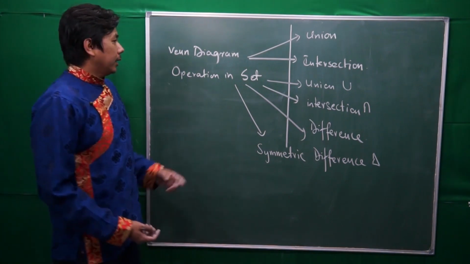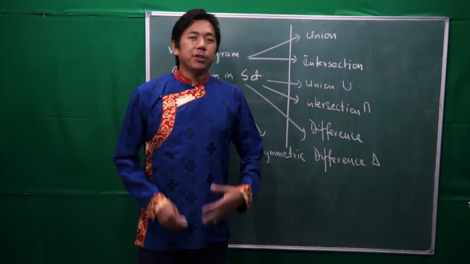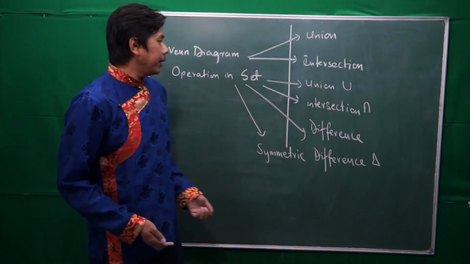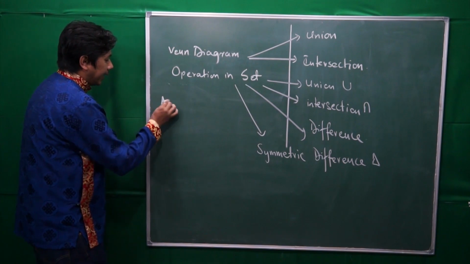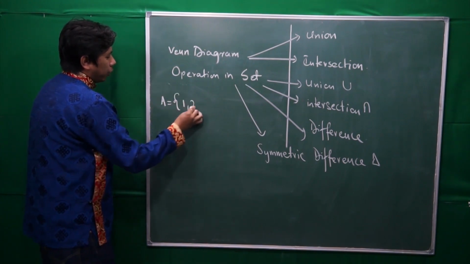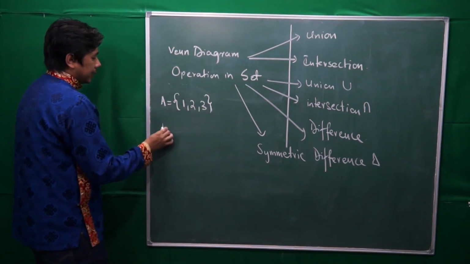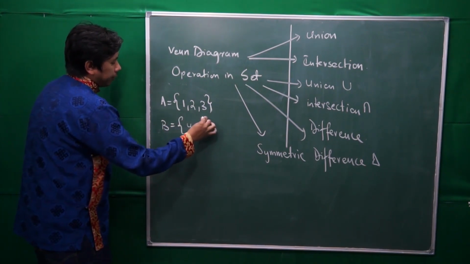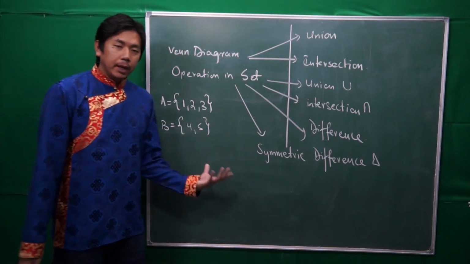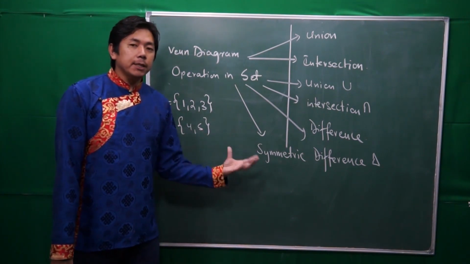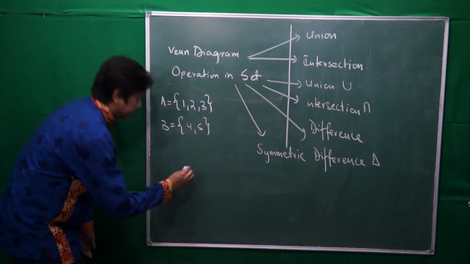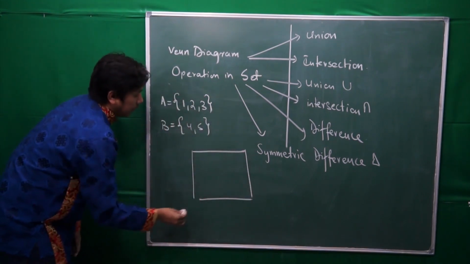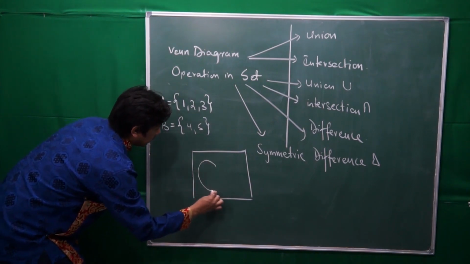That being said, in the case of intersection, not every set would overlap. By that I mean, for example, I have a set A that has elements 1, 2, 3, and then set B that has elements, say, 4, 5. Clear? Now, if I draw a Venn diagram of intersection in this case, the diagram would be something like this.